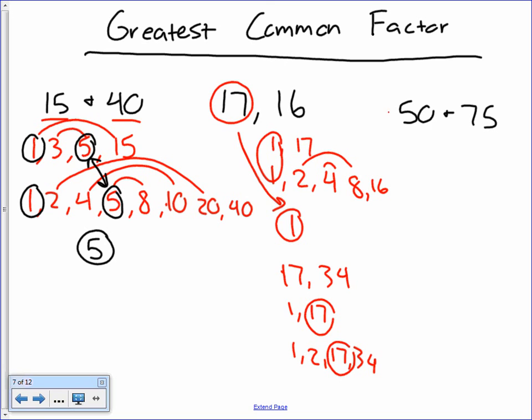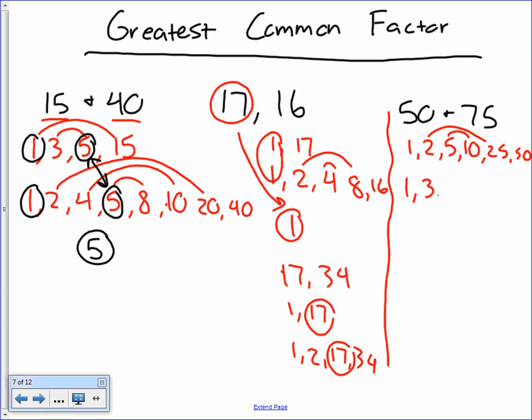50 and 75. So looking at 50, we got 1. We have 2. We have 5. Okay, 6, 7, 8, 9, not until 10. Okay, 5 times 10. 2 times 25. And then we have 50 at the end. And if we look at 75, I have 1. I have 3. I have 5.